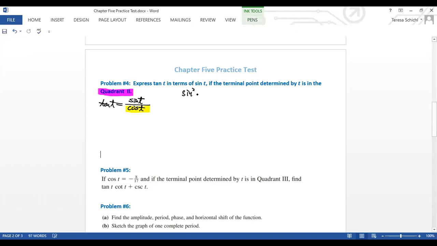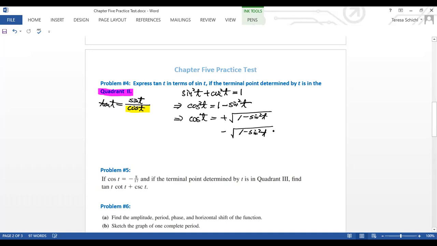So I know sine squared t plus cosine squared t is equal to 1, correct? Then cosine squared t is equal to 1 minus sine squared t. Now I take the square roots of both sides. So cosine t could be the positive square root of 1 minus sine squared t, and also could be the negative square root of 1 minus sine squared t, right?